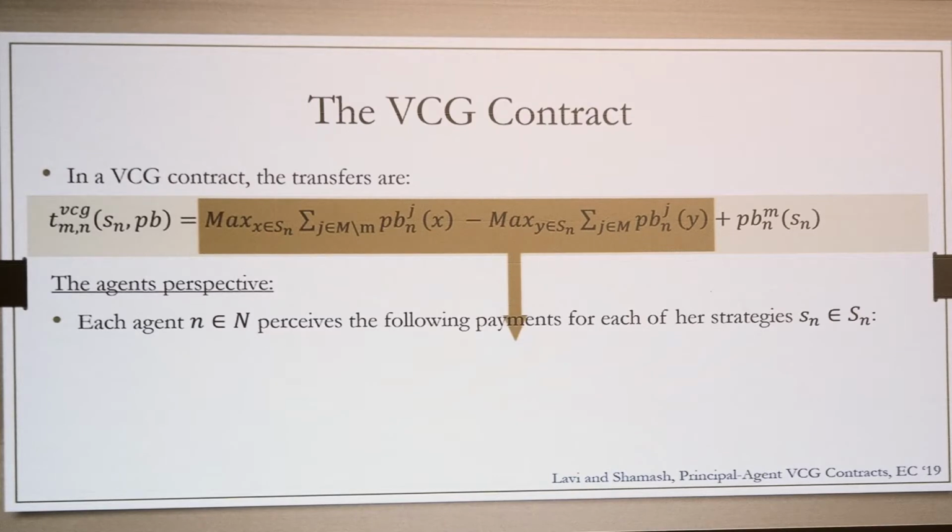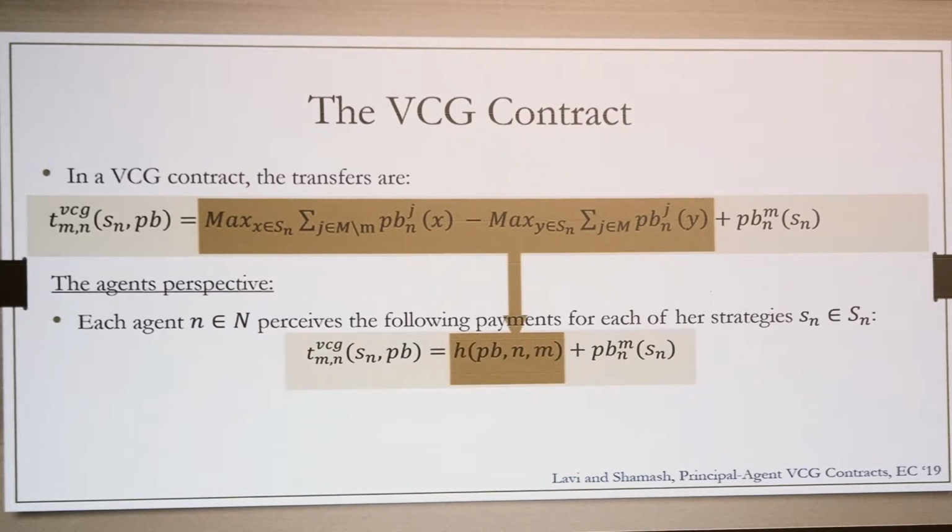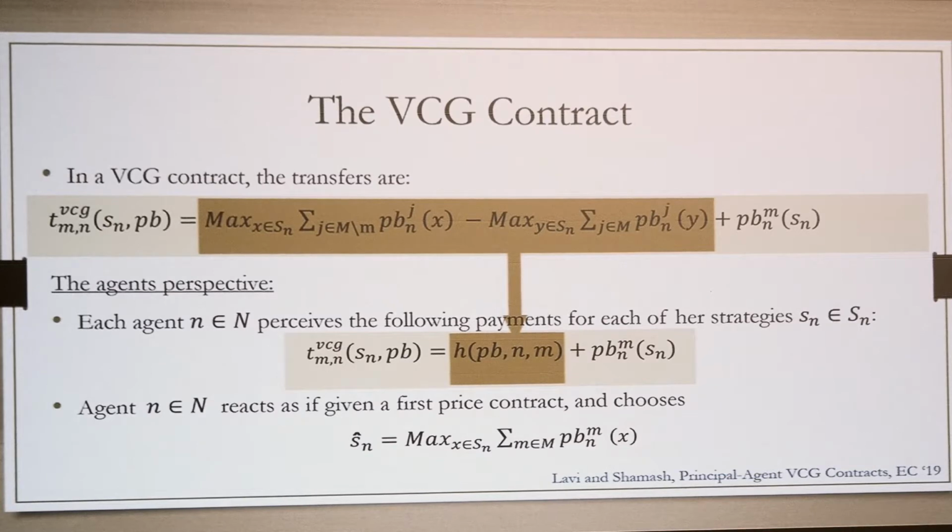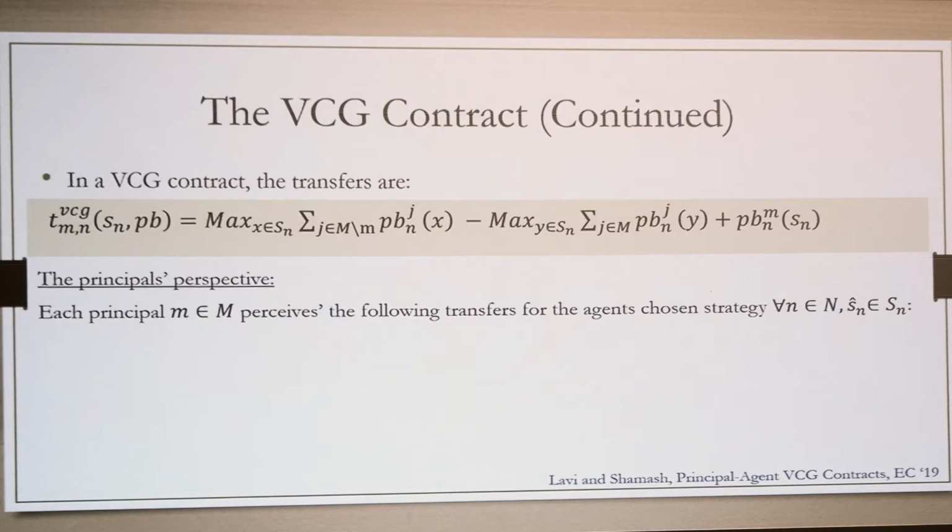So agent N sees that he's going to be paid from principal M basically the bid principal M says. So agent N is going to just react to a first price contract. Agent N will maximize the sum of bids for his strategies.